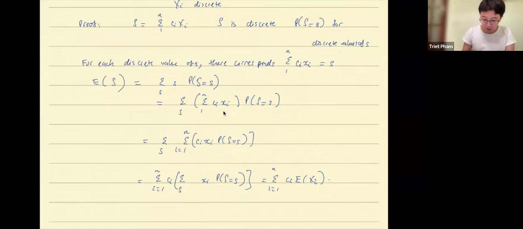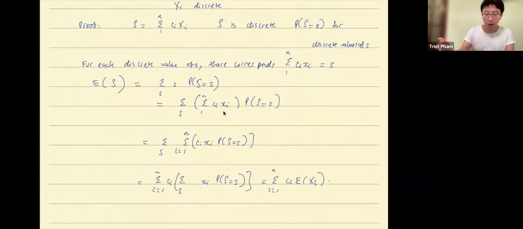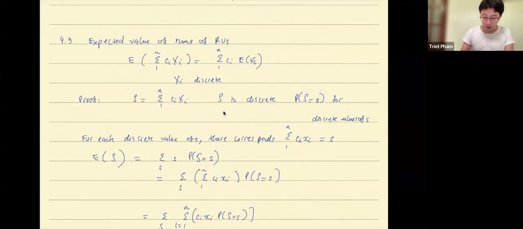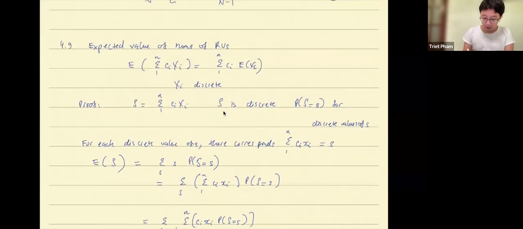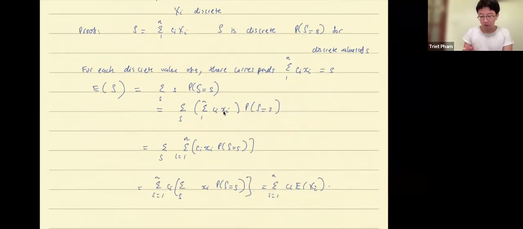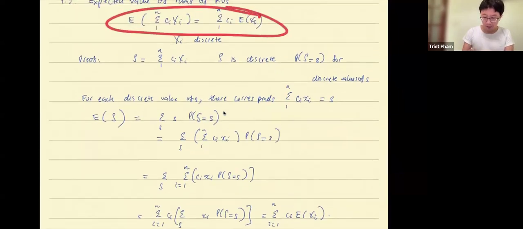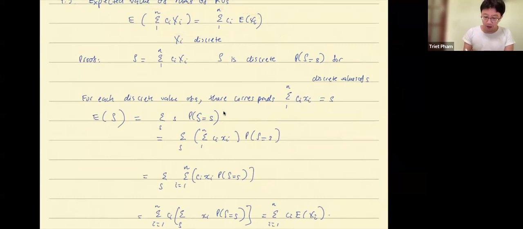So I just want to offer up this explanation in case some of you are curious on why this expectation is linear, regardless of the relationship of the Xi. But if you just want to take this on faith and focus on the application of it, that's fine.